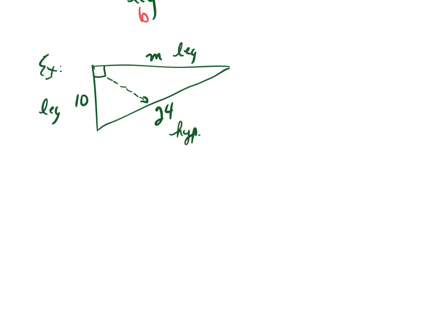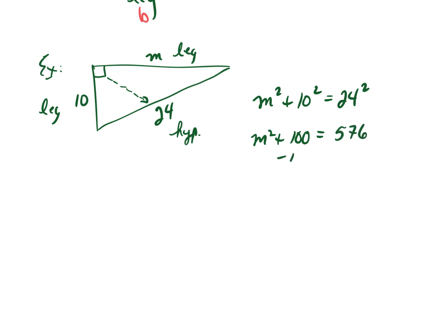Okay, so the Pythagorean theorem then says leg squared plus leg squared is equal to hypotenuse squared. So in this case, that's m squared plus 10 squared equals 24 squared. We dig out our calculators. 10 squared is 100. 24 squared is 576.